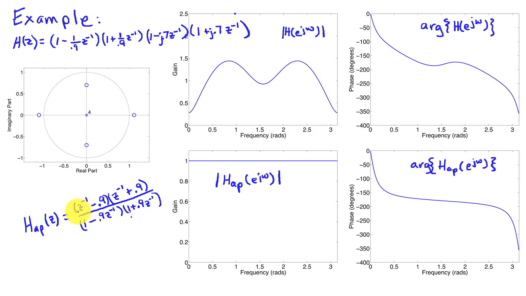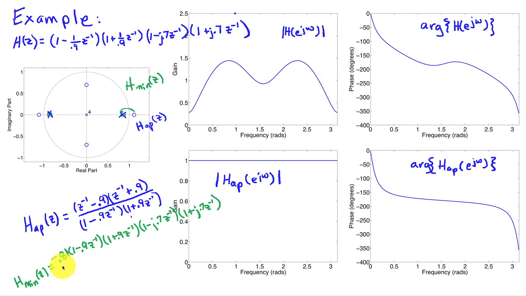My all-pass component is going to be z inverse minus 0.9 and z inverse plus 0.9, and then I'll have 1 minus 0.9 z inverse, 1 plus 0.9 z inverse. So I've moved these zeros back inside the unit circle for h min, and then for h all-pass, we'll end up putting a pole here and here that pairs with this zero that was outside the unit circle.